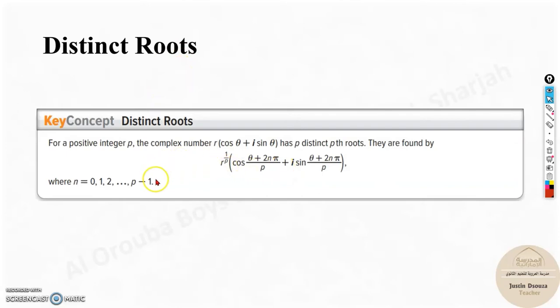Now over here, this is the formula. You need to remember this, but it's simple as we break it down. We can only solve when the complex number is in polar form. You will be told, say, third root or cube root. Let me write as x.